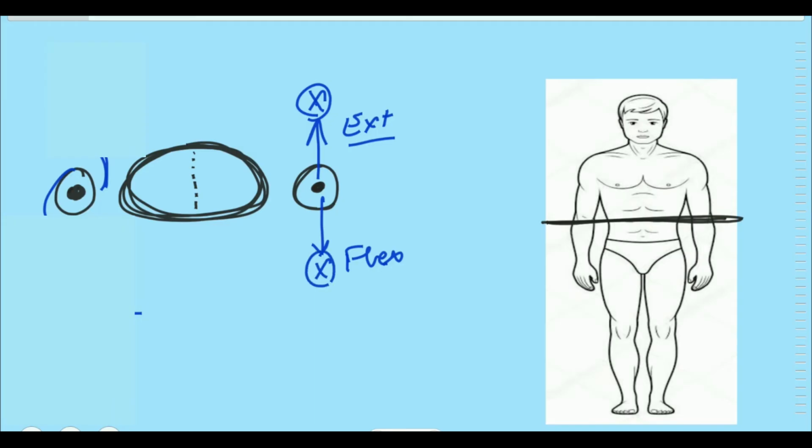That will produce flexion. Moving outward is the abduction. For this movement, a muscle must cross the joint from the outer aspect. So it will produce abduction. This is the adduction, moving inward, and a muscle that crosses the joint from inside will produce this adduction movement.